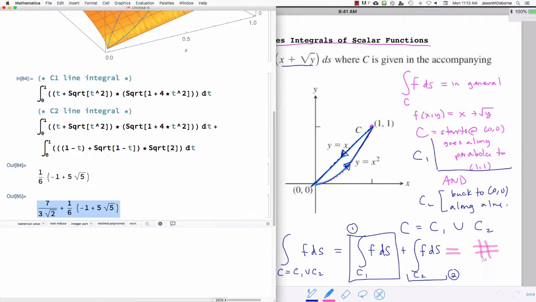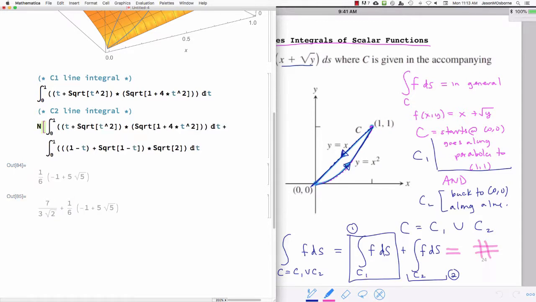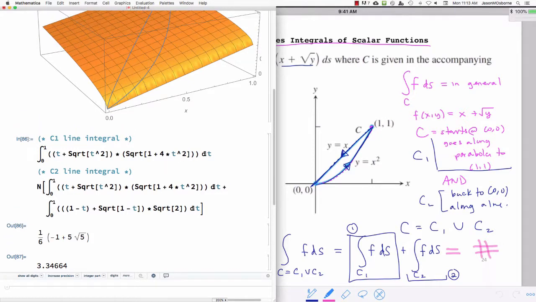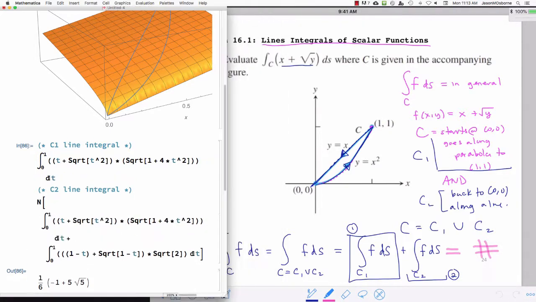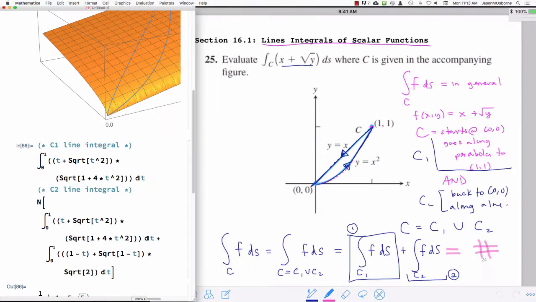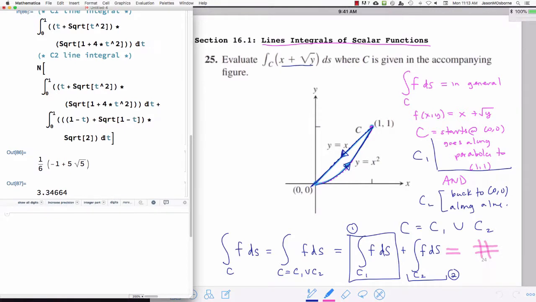If you would like to see that as a decimal, put an N for numerical around all of that integral, and you get your decimal. Okay? So that concludes figuring out what the number is for the line integral shown here in problem 13.2, 6.1, number 25.